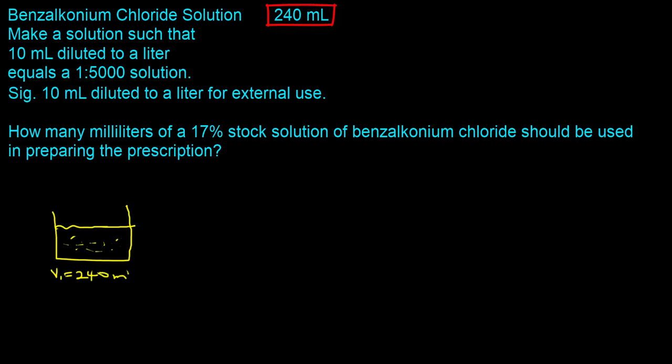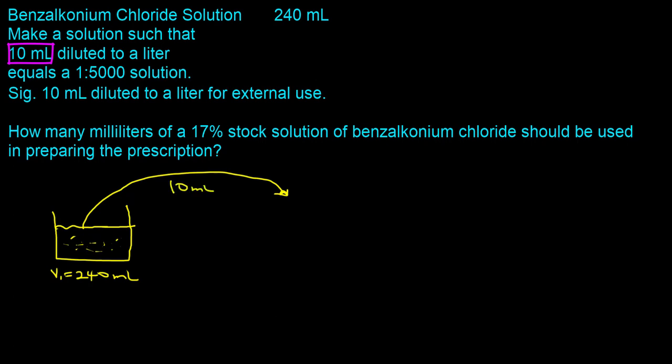240 milliliters. Now our goal here is actually to determine how you're going to make this stock solution, but we know the information of our diluted solution. So the way we are going to make the diluted solution is we're going to take some volume from the stock solution, and this volume actually is 10 milliliters.